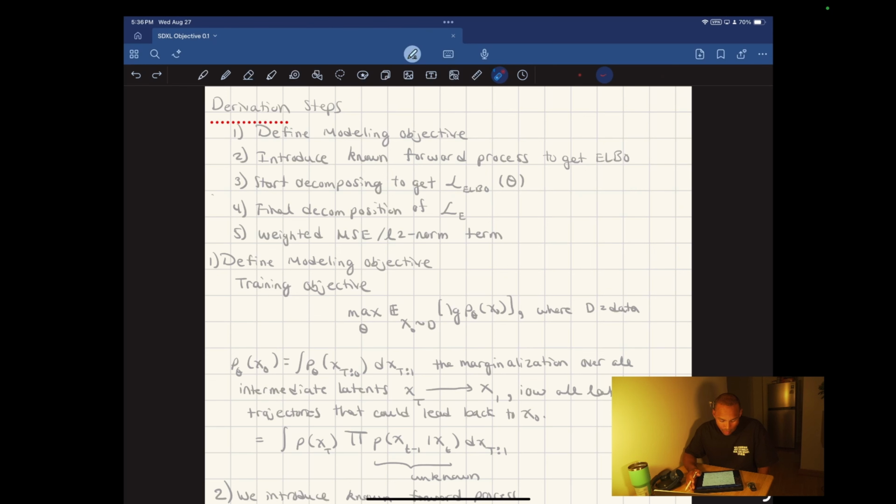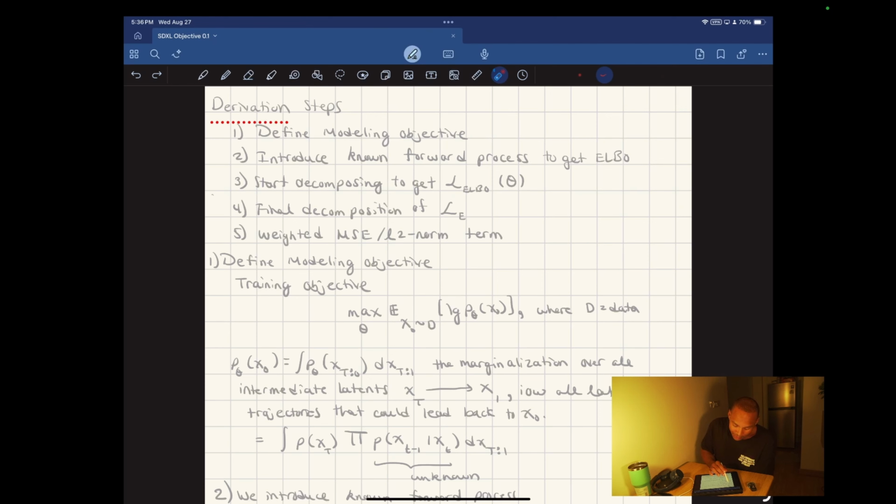So we're going to derive the full SDXL objective. If you watch the video on the closed form solution to the forward process, you will see how I started the derivation. So I'm going to move through the beginning a bit more quickly, and you can go back to the forward process video if you want more detail on the objective function.